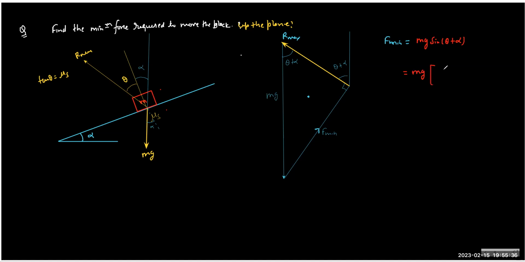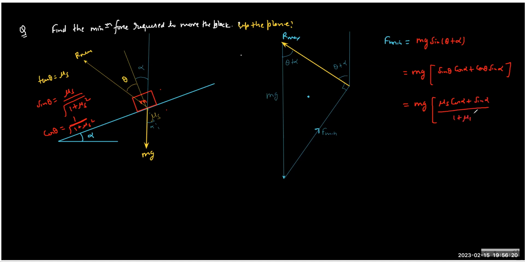And you can actually expand it, which is sine A cos B plus cos A sine B. Because here tan theta is mu, you can substitute and get mg times mu cos alpha plus sin alpha, upon the square root of 1 plus mu square.